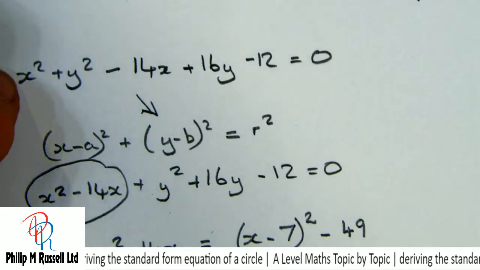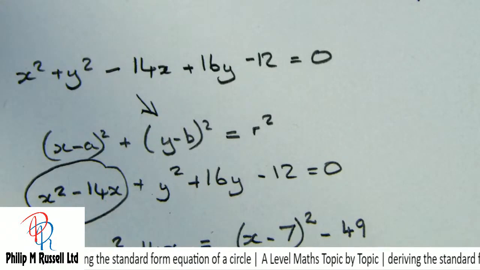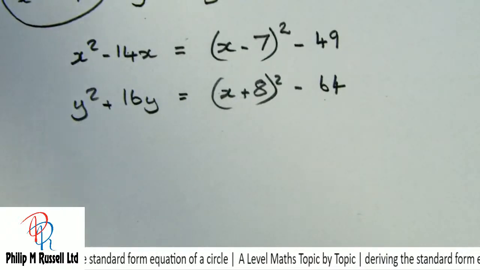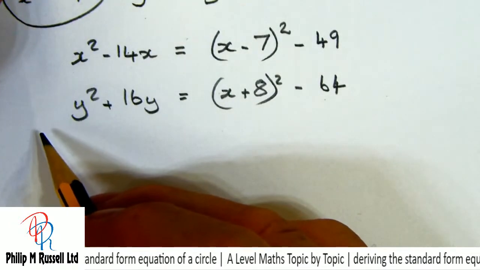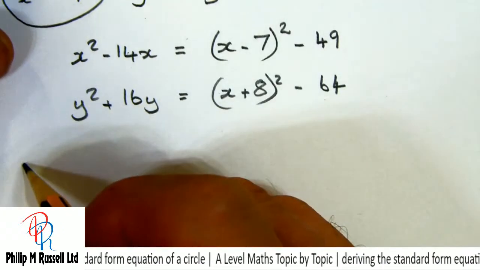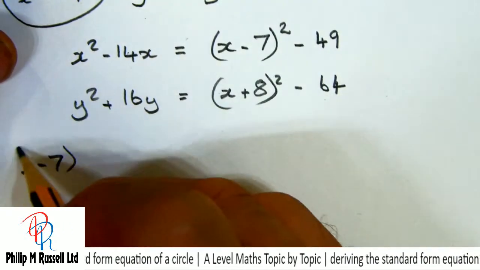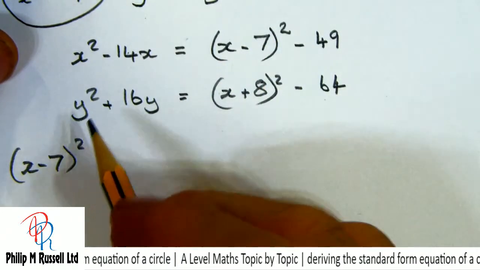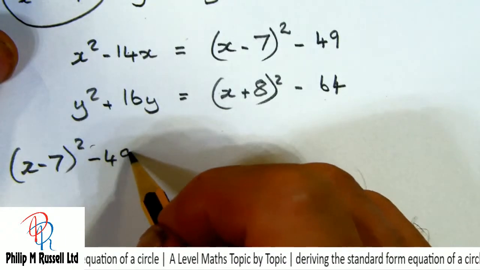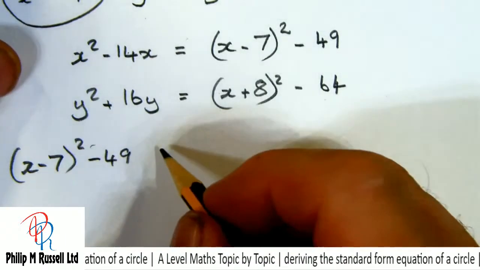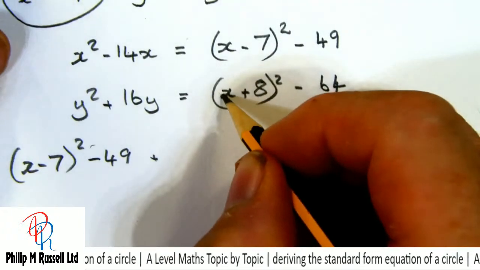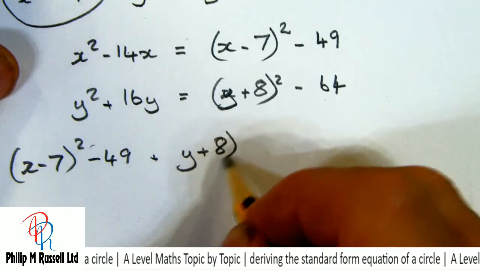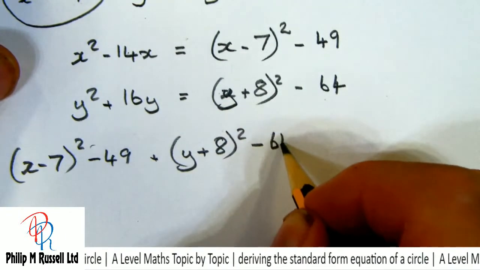Substituting, we're going to have x minus 7 all squared, and we'll leave our minus 49 there because that's a bit more obvious, plus y plus 8 all squared minus 64.